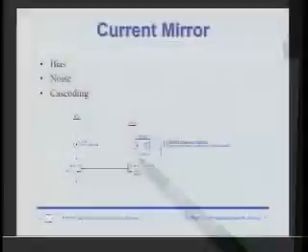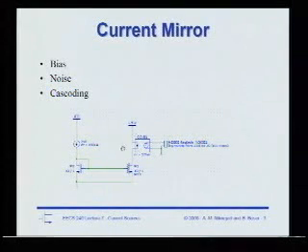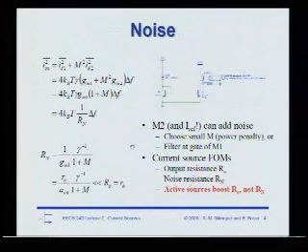Okay, noise. Let's calculate the output noise of this device. It's a very simple calculation. It's basically the drain noise of this transistor plus m squared times the drain noise of this transistor, where m is that current gain ratio. Okay? And so I just plug in, well, the drain noise is proportional to gamma times gm. You guys know this very well now from previous lectures. And so I can write the total noise in a really nice way.